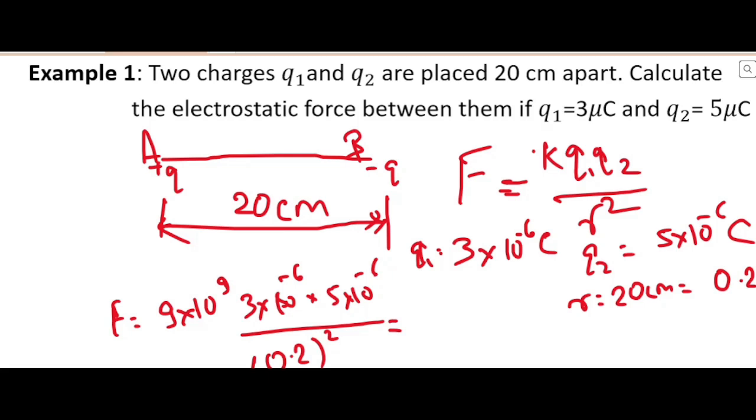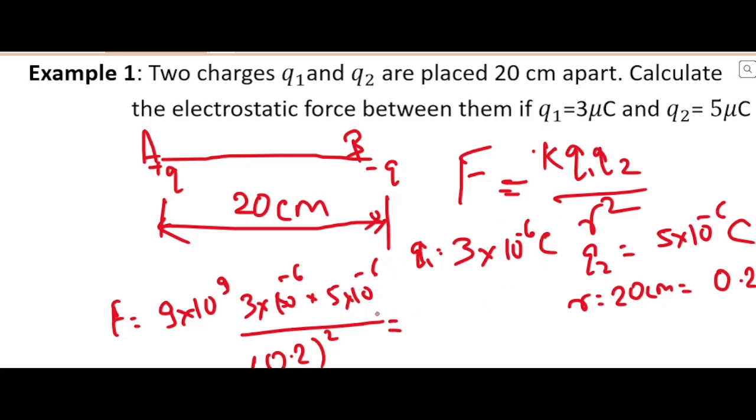Okay, Rita? Let's try to solve this question completely. See, let me simplify.